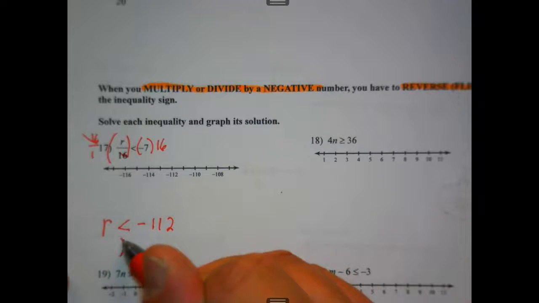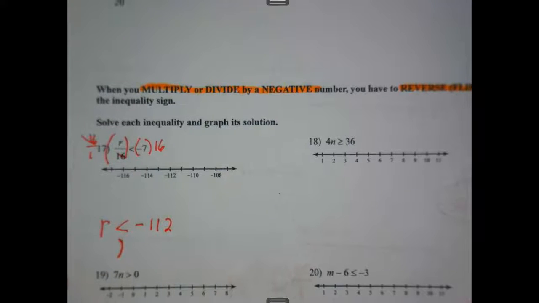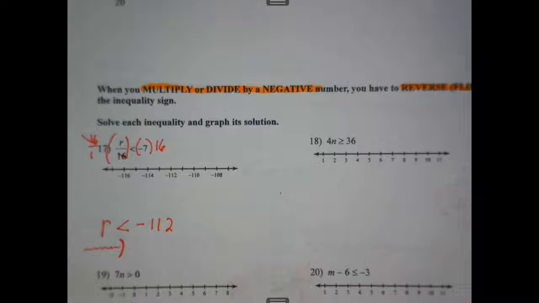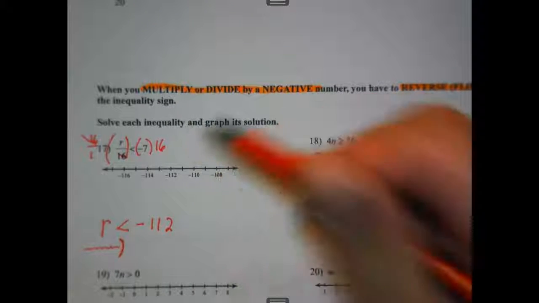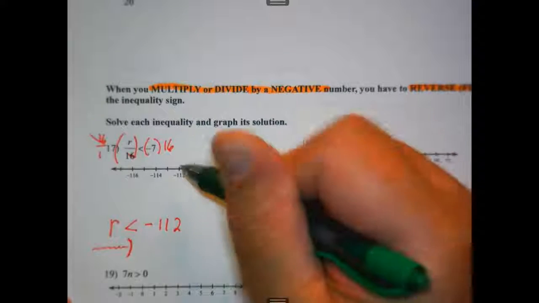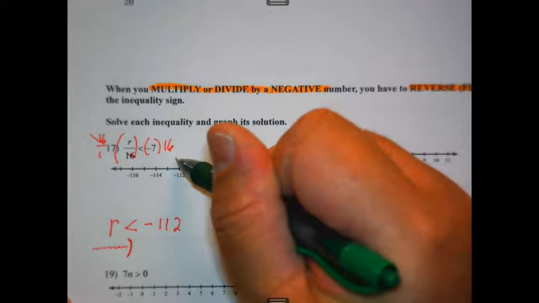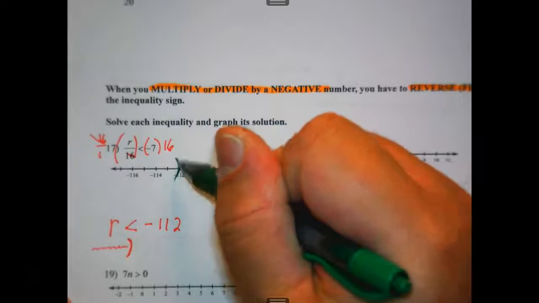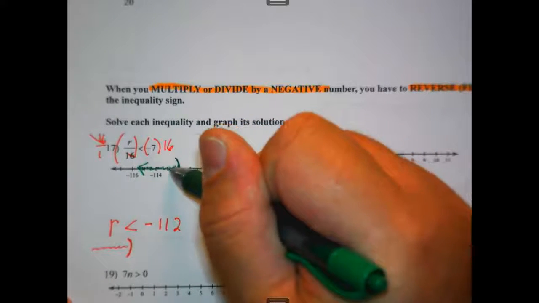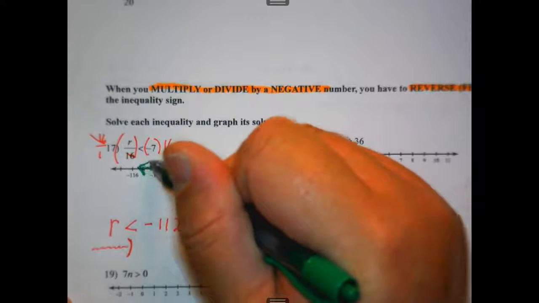No equal sign, use a parenthesis. And I'm going to follow the sign shading. So I find -112 right here. I'm going to put a parenthesis sign, and I'm going to follow the arrow. There's my graph.